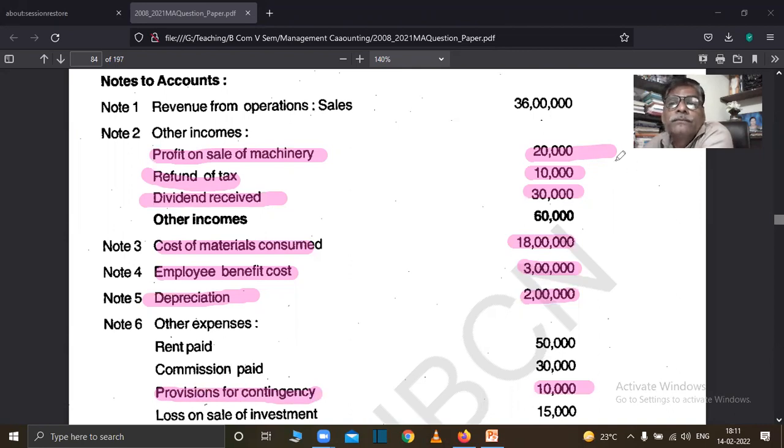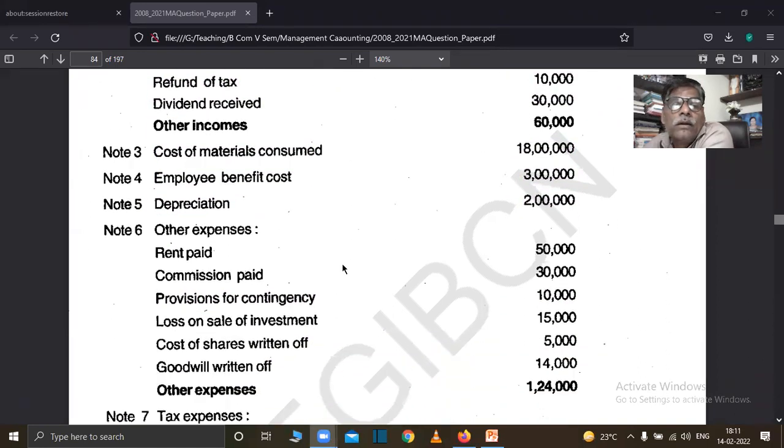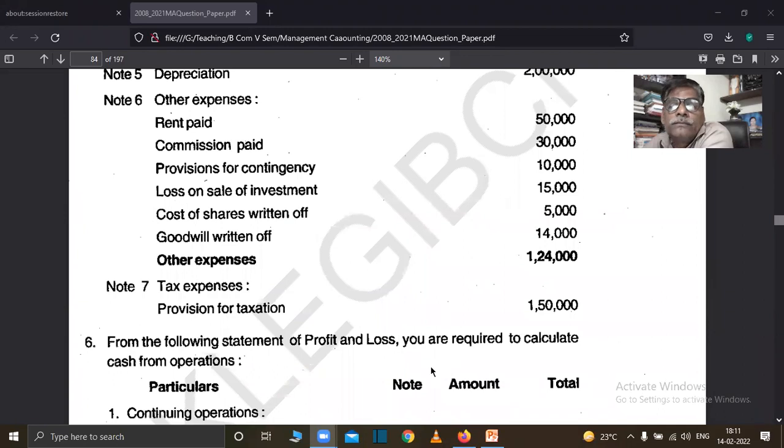Next item is loss on sale of investment. Loss on sale of investment is not an operating expense. Then cost of shares written off. This is also not an operating expense. Goodwill written off. This is also not an operating expense.